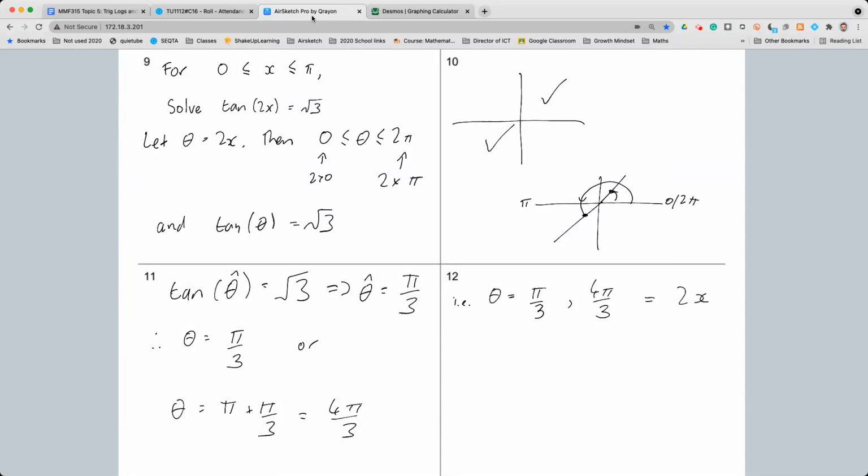X, right? So how do I work out what x is? Divide everything by 2. X is equal to pi on 6, or multiply by a half, same thing, and 4 pi on 6, which equals 2 pi on 3. Done.